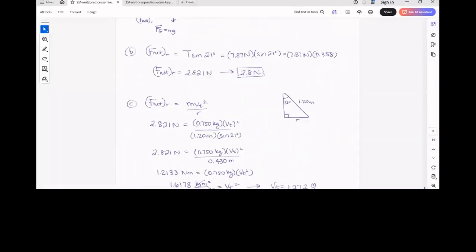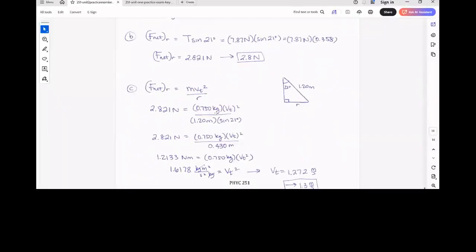And if I want to find the tangential speed acting on the mass, I can take that 2.8 newtons and set it equal to mv squared over r, where the mass is given. Here's where we're going to have to recognize that if our string is 1.20 meters long and the angle that the string makes with the vertical is 21 degrees, then 1.20 sine 21 has to be the radius of the circle that this mass is tracing out.